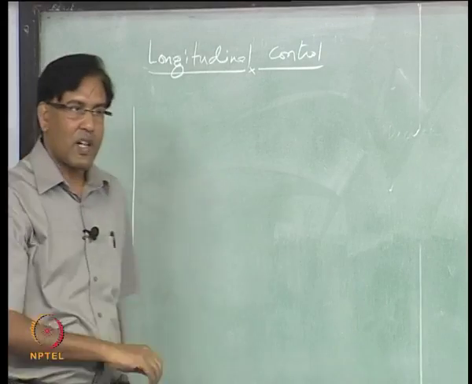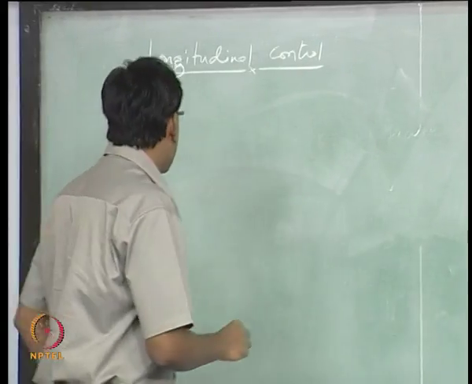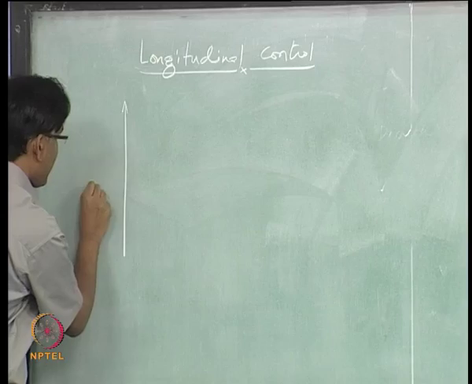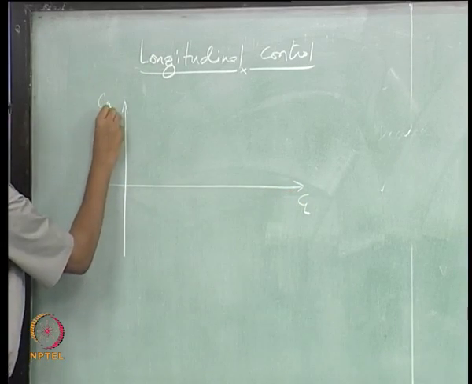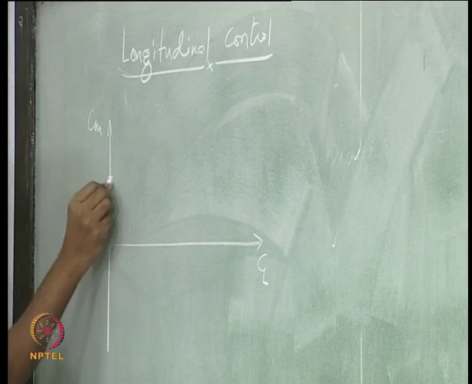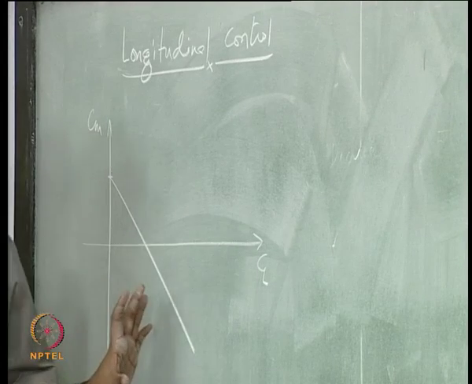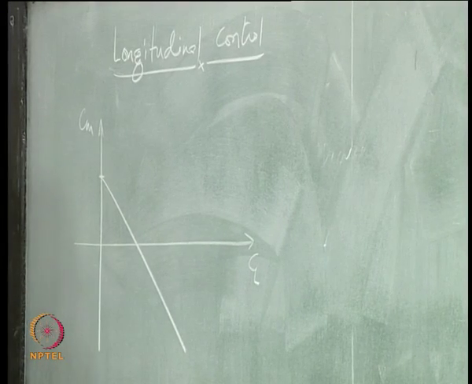So after all that, whatever we have done in the last 4 or 5 lectures, let us say this is the final Cm alpha curve I get for my airplane, right.